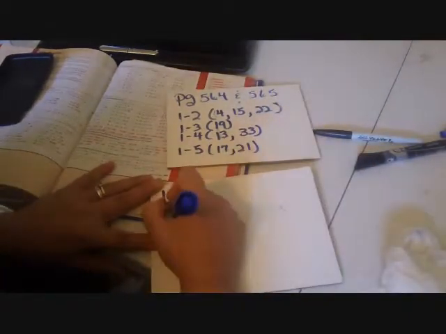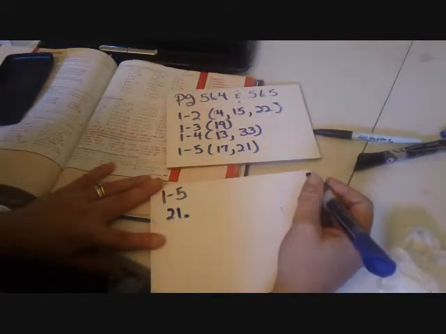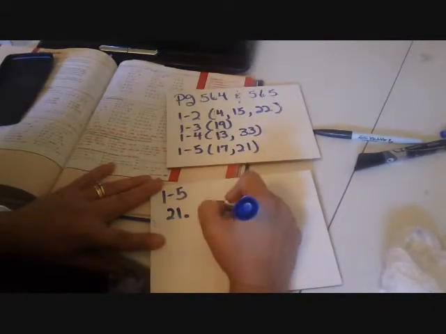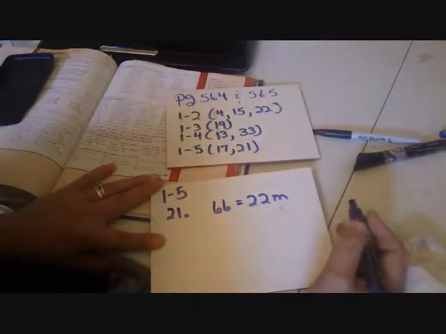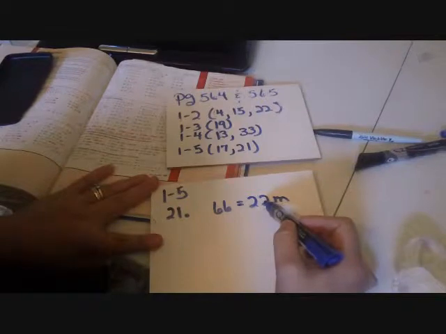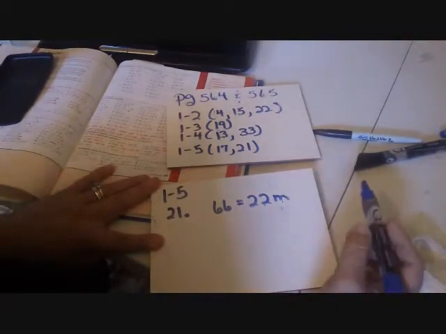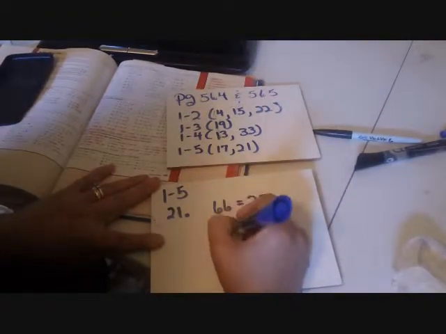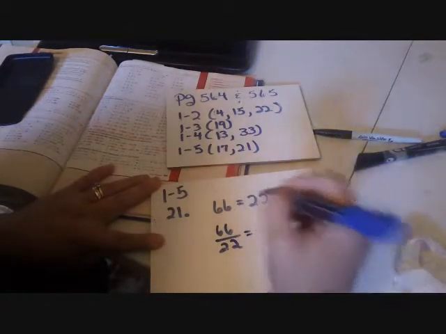Look at number 21. Number 21 is 66 equals 22m. I realized real quick that this means 22 times m. The opposite of multiply is to divide. So if I say 66 divided by 22, it will give me what m is.